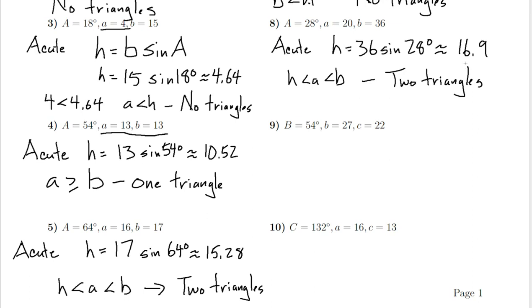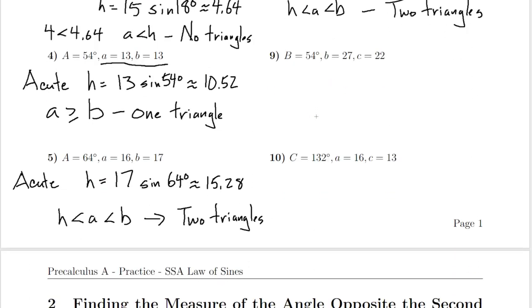All right, we're going to move on to number 9. Number 9, we're back dealing with angle B, so we're not with the angle A, so we have to consider what sides are opposite, what sides are adjacent. In this case, B is the opposite side, C is the adjacent side.